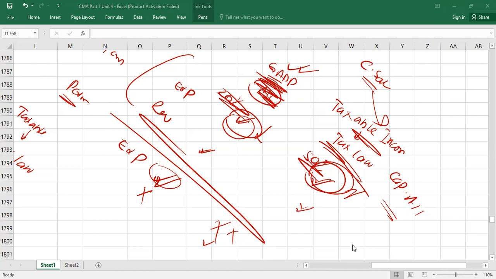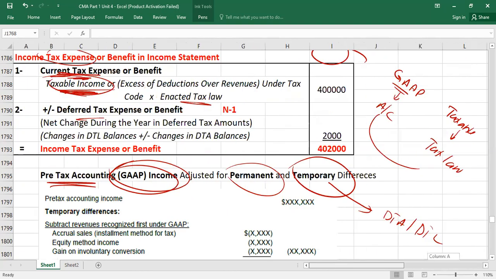Can you tell me what statement I said? I said whenever you calculate taxable income, you always need what? Pre-tax accounting income, profit before tax. Then that profit you adjust for permanent and temporary differences. Permanent differences are which differences? If it is recorded in accounting, it will never be recorded in tax. If it is recorded in tax, it will never be recorded in accounting.